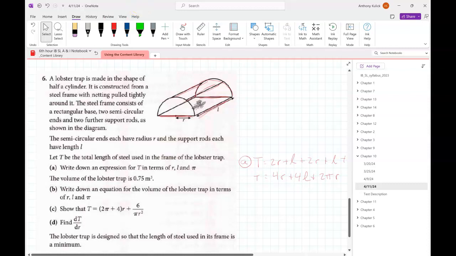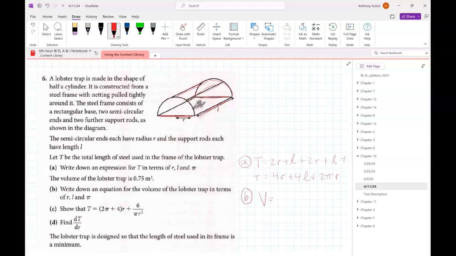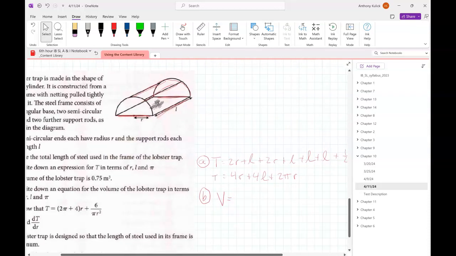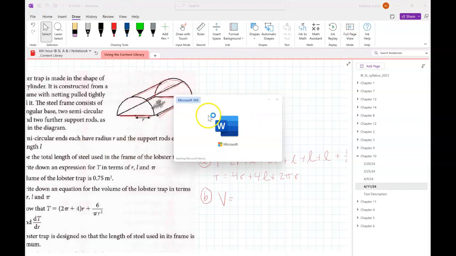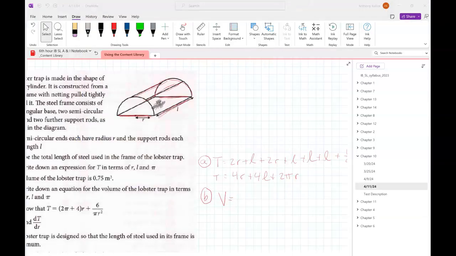It says write down an equation for the volume of the lobster trap in terms of r, l, and pi. Like for all those equations, I would, yeah, I think that if you needed to use it, I gave it to you. Let's double check real quick. There's a bunch of stuff on your equation sheet here.